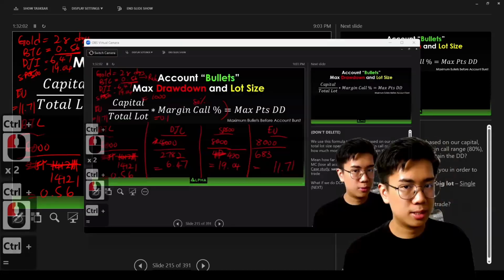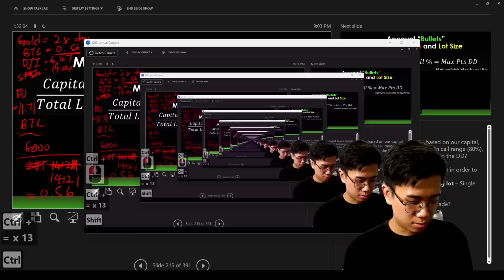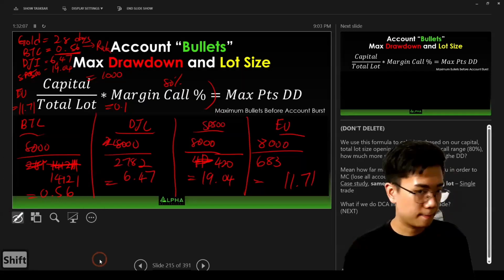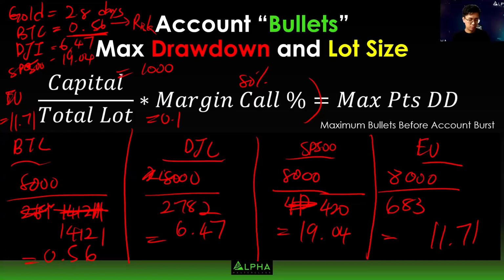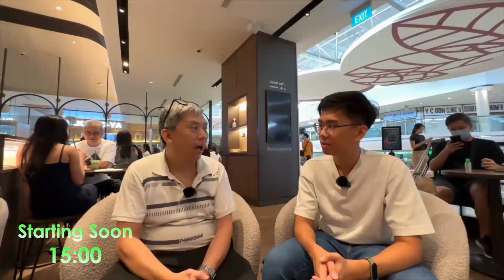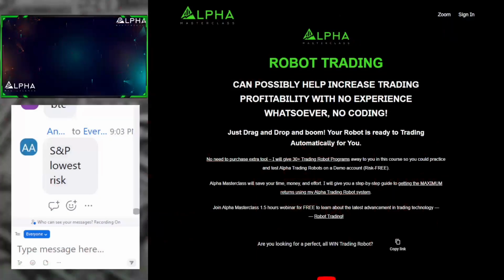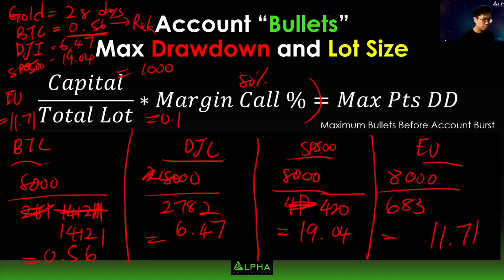Now, which market has the lowest risk to trade? The answer is S&P 500 has the lowest risk. Now this depends on the broker. Some brokers can offer lower risk, some offer higher risk. But in short, S&P 500 is the lowest risk.